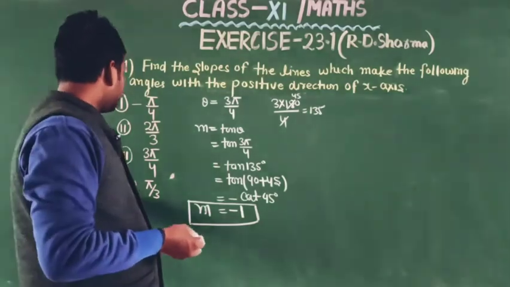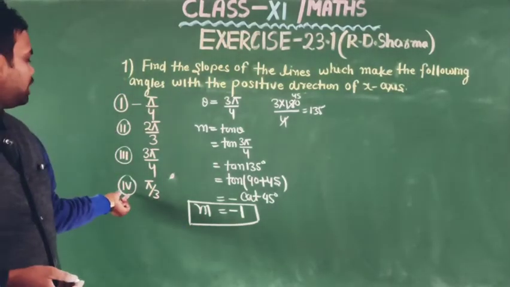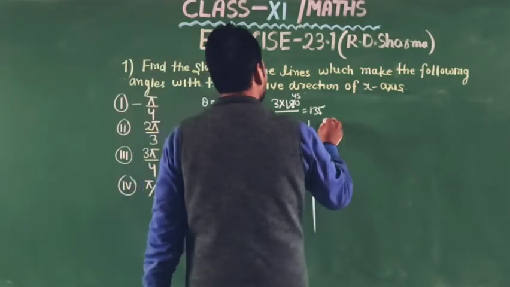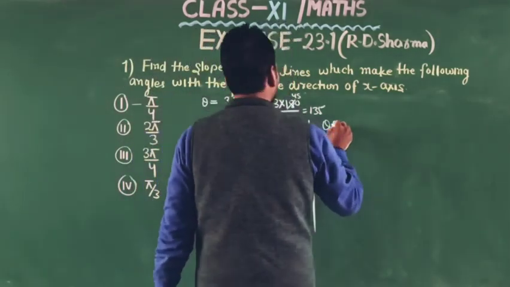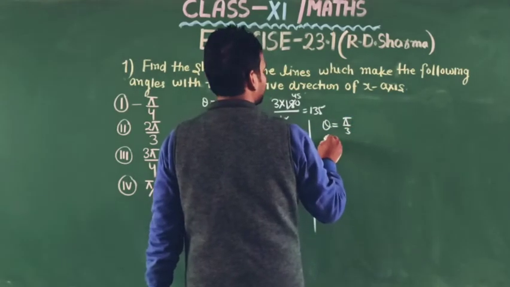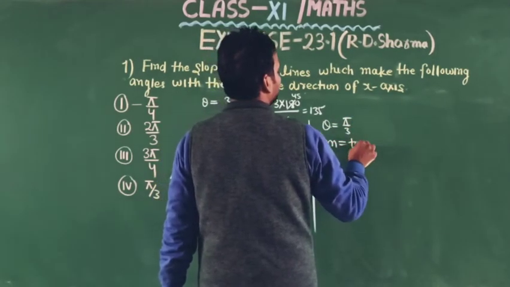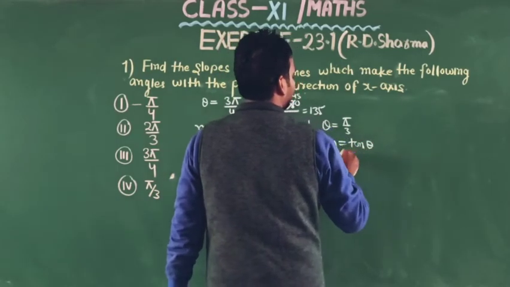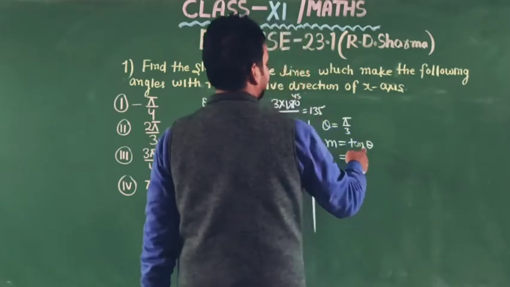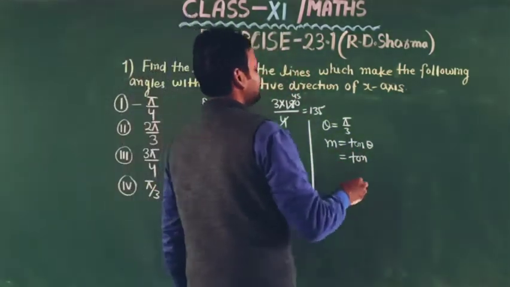The fourth part is pi by 3, so theta is pi by 3. The slope of the line is m equal to tan theta, where theta is pi by 3.